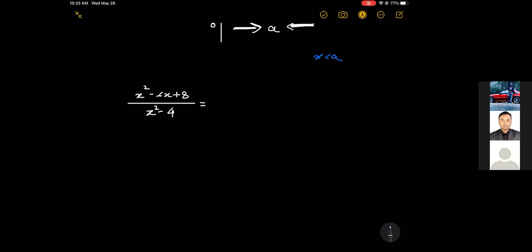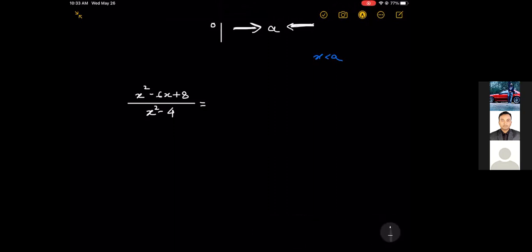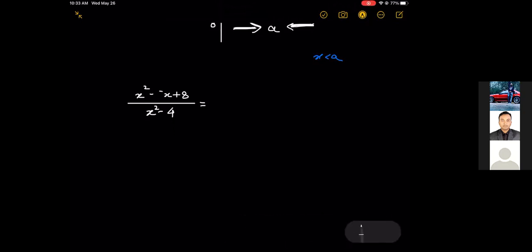It's x squared minus 6x, plus 8. So when we factorize it, we get x minus 2 bracket x minus 4.